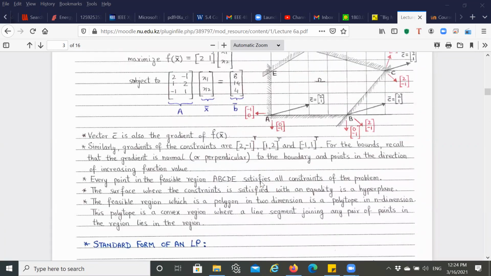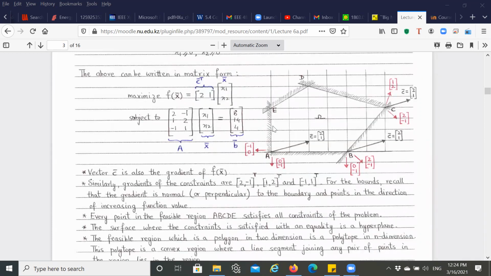Now, what is the very unique feature about LPP problems? Why are they easier to solve as compared to any other class of optimization problem? It's because it is mathematically proved that LPPs are convex, and if it is convex, it means that to find the optimal value of the problem, you only have to evaluate the objective function at the endpoints. You do not have to worry about the center.